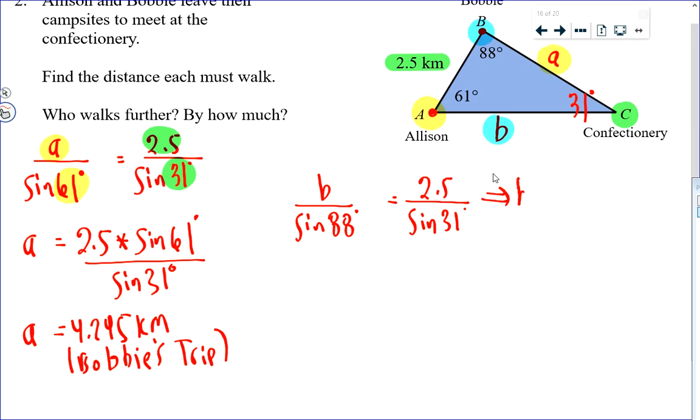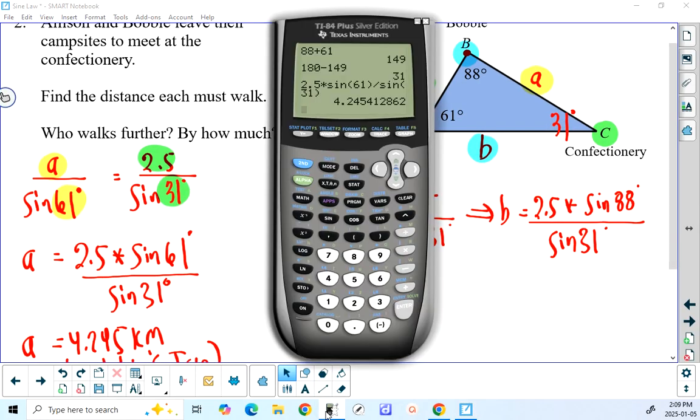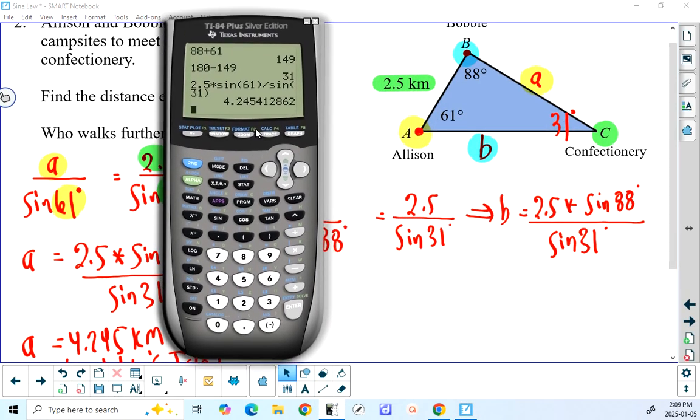Which means B will be equal to 2.5 multiplied by sine 88 divided by sine of 31. (2.5 sine 88 over sine 31).